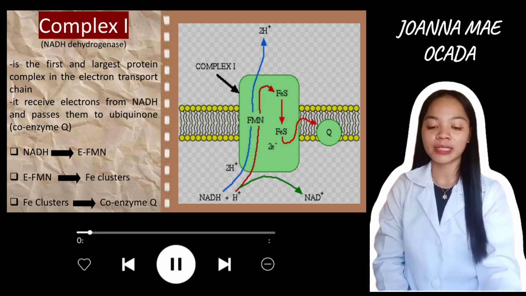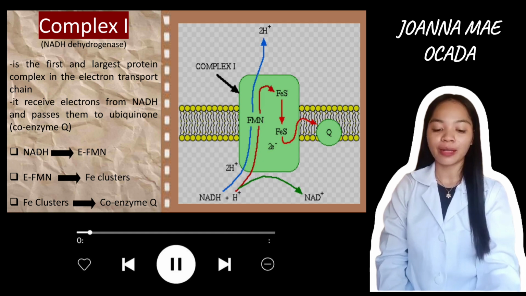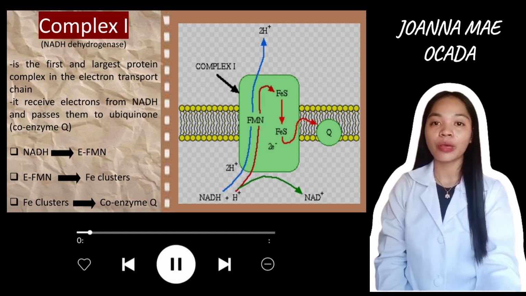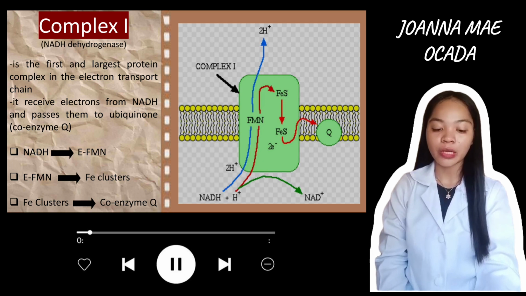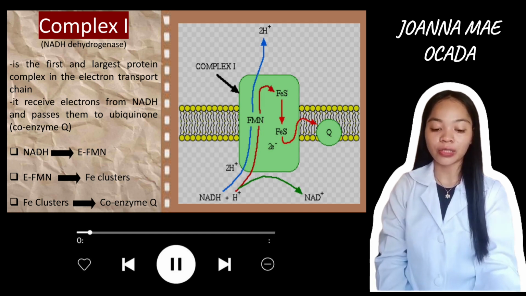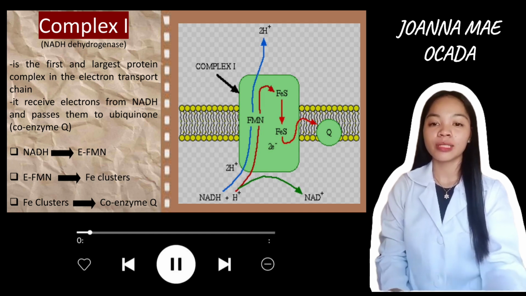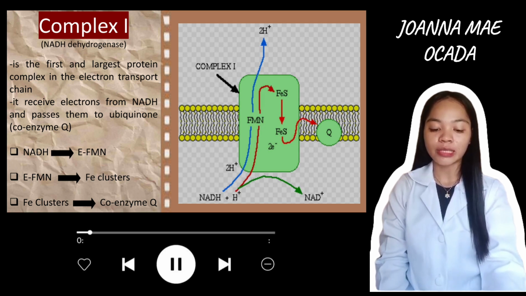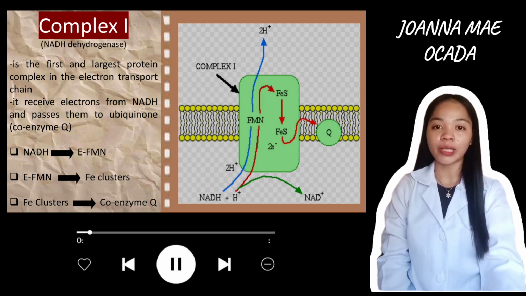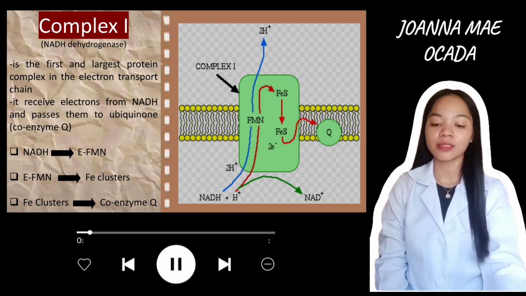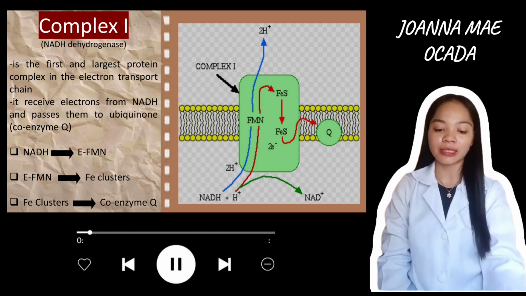Complex 1 facilitates the transfer of electrons from NADH to coenzymes through FMN, or the flavin mononucleotide prosthetic groups, and the FeS, or the iron-sulfur clusters. It also transports protons across the inner mitochondrial membrane, generating the electrochemical gradient necessary for ATP synthase.